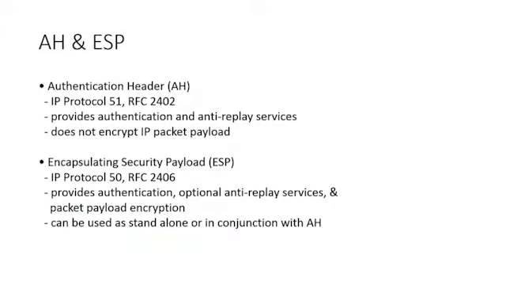Now, ESP can be used standalone, or we could use it in conjunction with our authentication headers as well. So it's going to depend on your needs, right? There's no one better way than the other because you may be employing some other technologies in there as well. So I can't tell you which one you have to use or anything like that, but it depends on your organization. What we need to know is what these two things do.